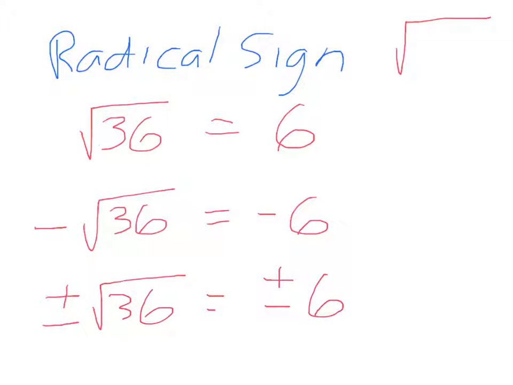The one thing you have to be careful about, you can never take the square root of a negative number. Because try to find a number times itself that will give me negative 36. You might say, oh, well, 6. Well, 6 times 6 is positive 36. Doesn't work. Oh, negative 6. Well, negative 6 times negative 6, negative times negative is a positive.